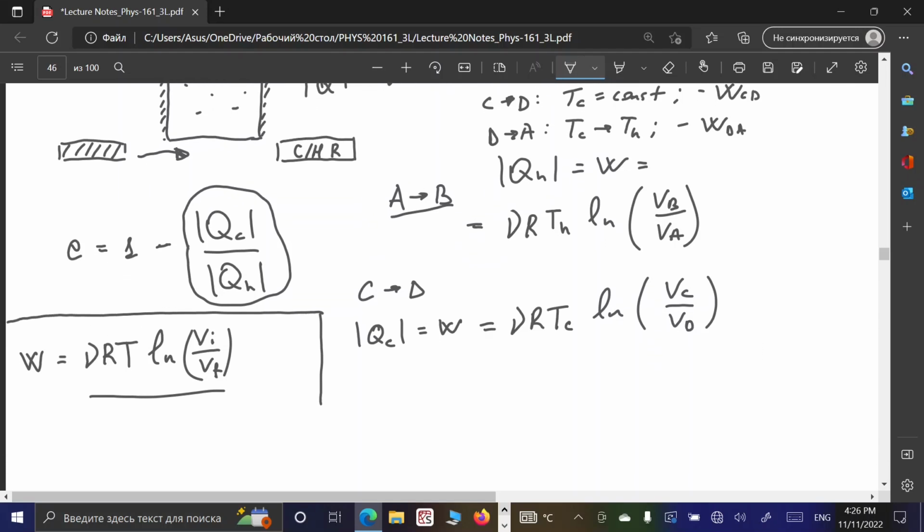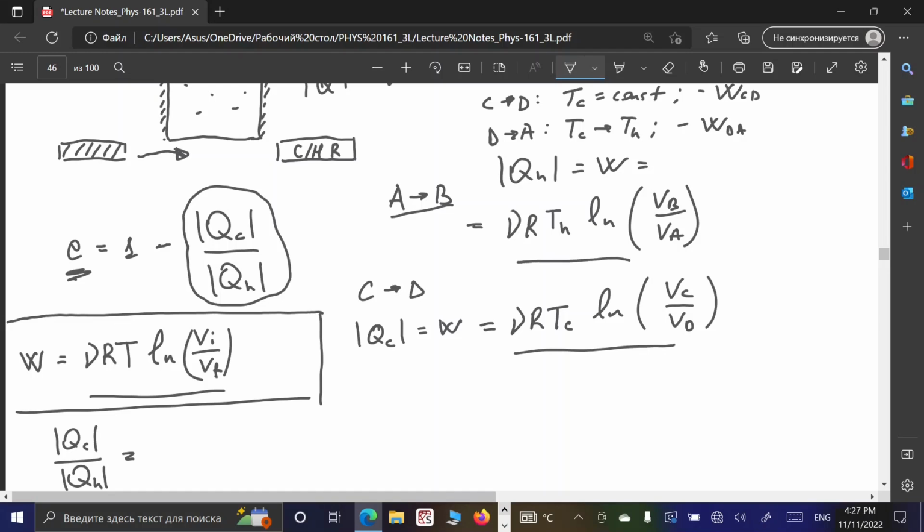And we look here at this expression for the efficiency of the Carnot cycle. We have this ratio Qc over Qh. We can write that Qc over Qh will be equal to the ratio between this equation and this equation.